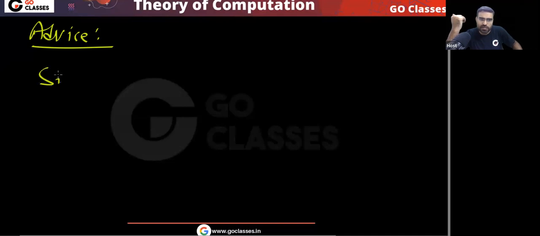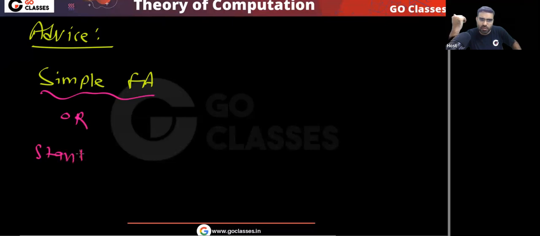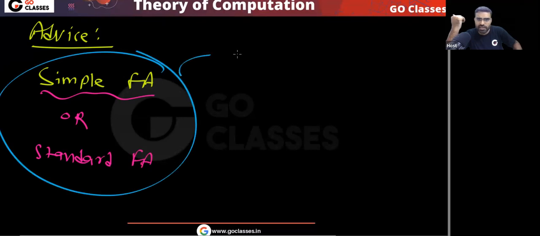Okay, so remember one thing: if the DFA is standard, you can find the language. This is my suggestion, my advice to you, that if you have a simple finite automata, or a standard finite automata which you have already seen, in these two cases you can find the language and solve.